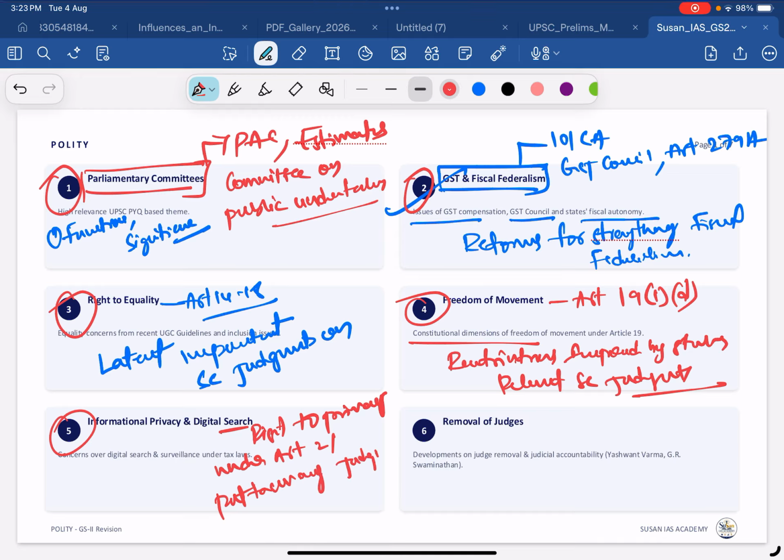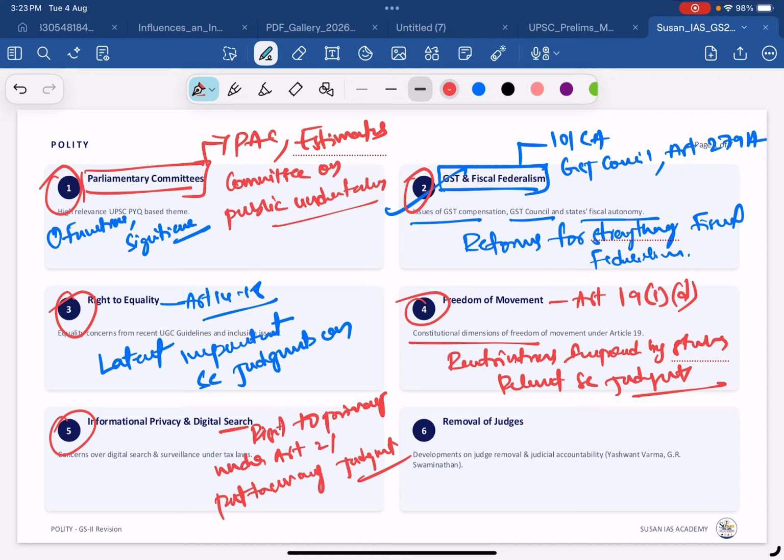We have to cite it in our Mains answer. Judgment and informational privacy, digital searches and seizure, state surveillance, proportionality test, a data protection framework, privacy with legitimate state interest, safeguards and judicial oversight. One has to refer to these dimensions in your answer while reading informational privacy and digital search, right?